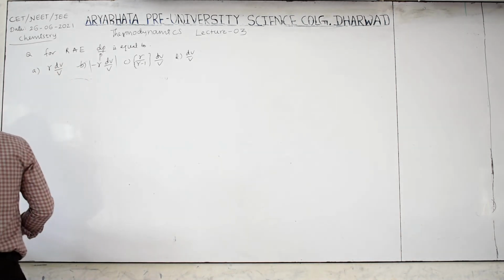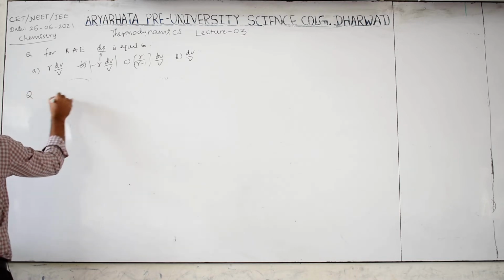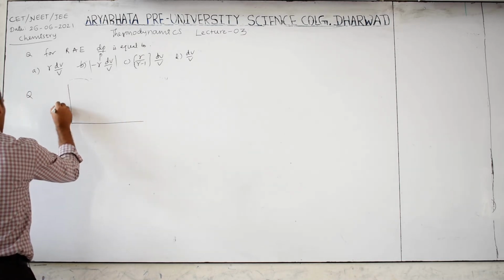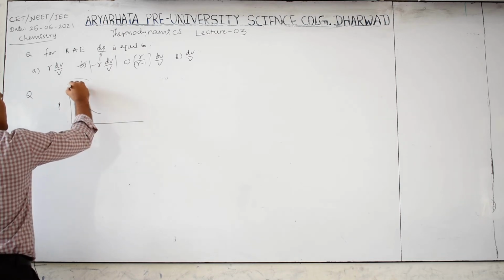Next one. Here one question is given. PV plots for two gases, assuming ideal, during adiabatic process are given in the figure. Plots A and B should correspond respectively to which gases? So here they have given one graph, with pressure on one axis and volume on the other.